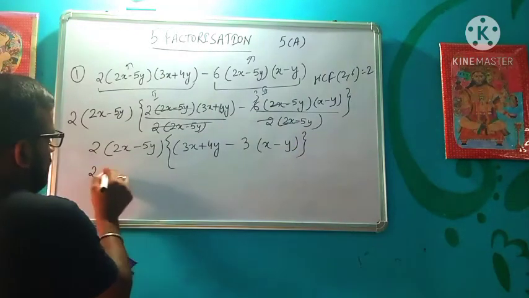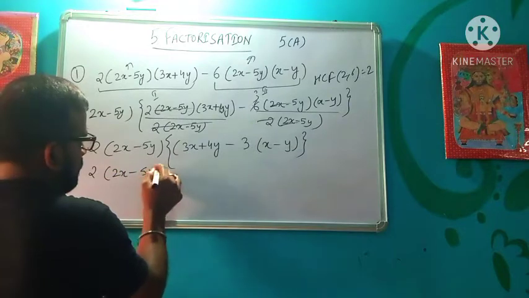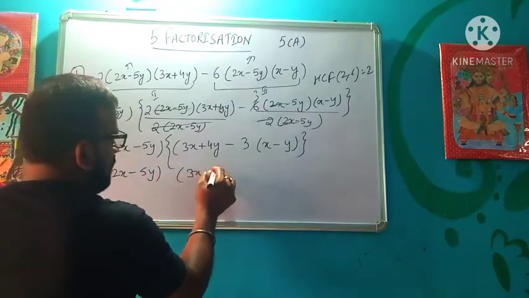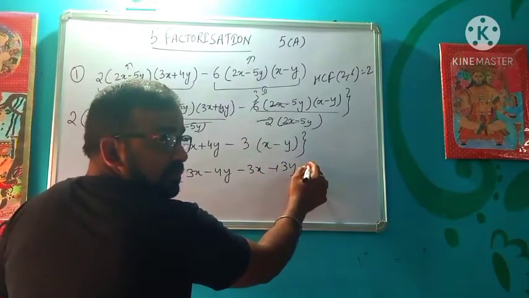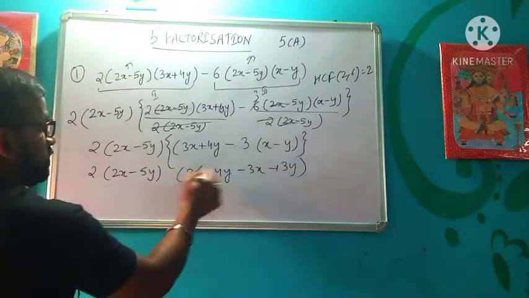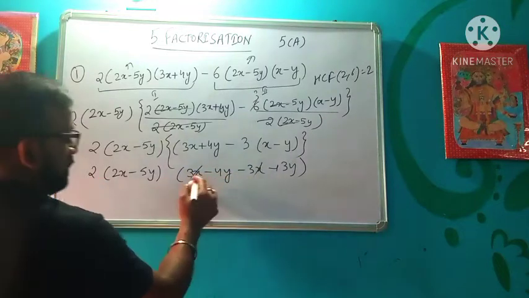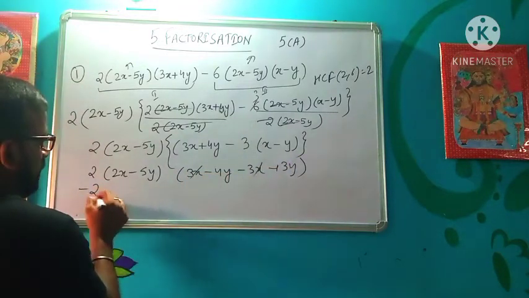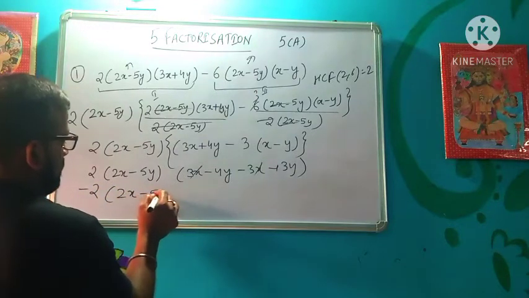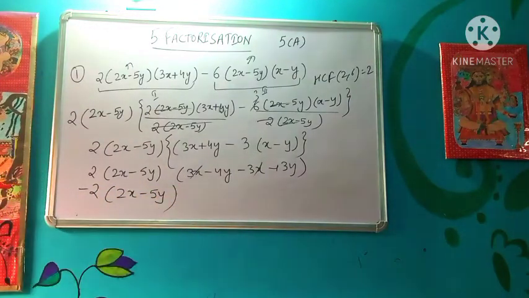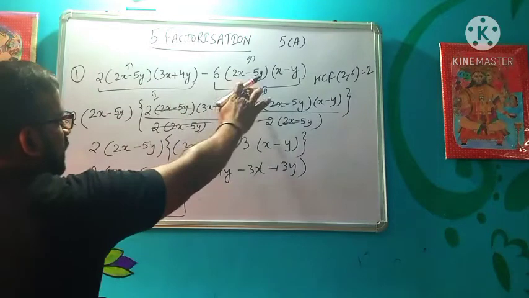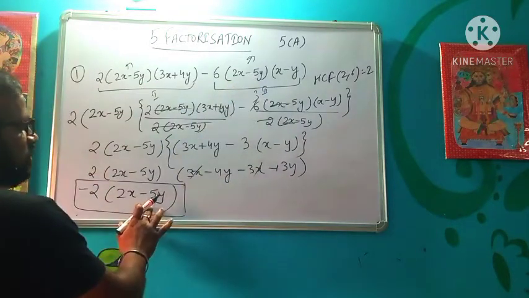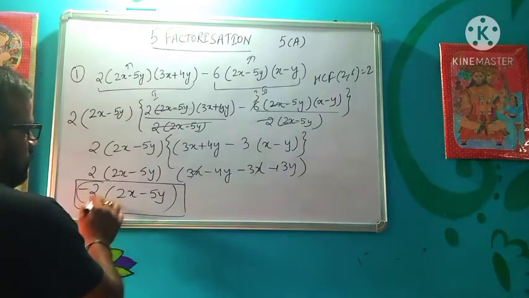Then let's solve a little bit. It is 3x + 4y - 3x + 3y, so it is cancelled. The answer is 4y + 3y, which is 7y. So this whole expression is now converted into the product of these two terms.